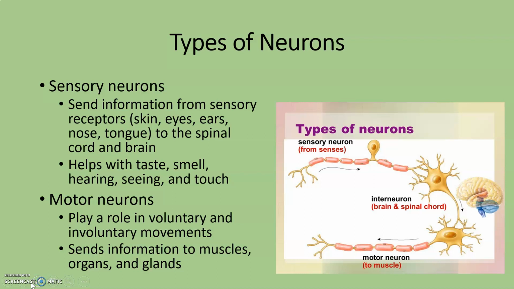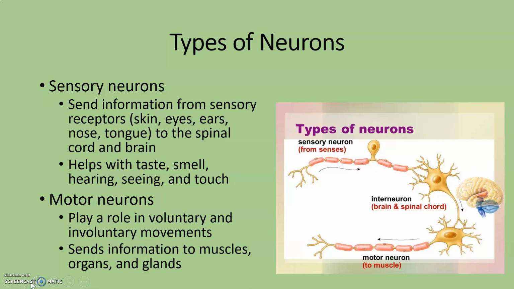You have sensory neurons, which are also called afferent neurons, and they're going to send information from sensory receptors, such as receptors found in your skin, your eyes, ears, nose, and tongue, to the central nervous system, which is the brain and spinal cord. This is going to allow us to sense things like taste, smell, hearing, seeing, and touch.